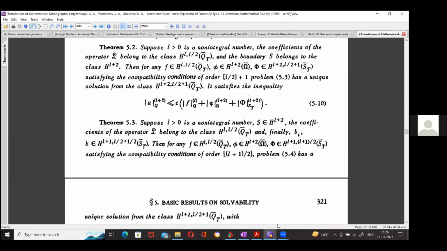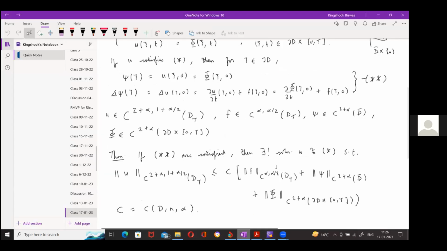It's in the same space, 2 plus alpha and 1 plus alpha by 2. So phi will be in C^{2+alpha, 1+alpha/2}, because you have taken one time derivative.